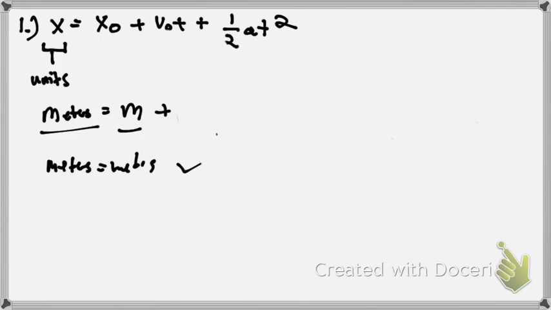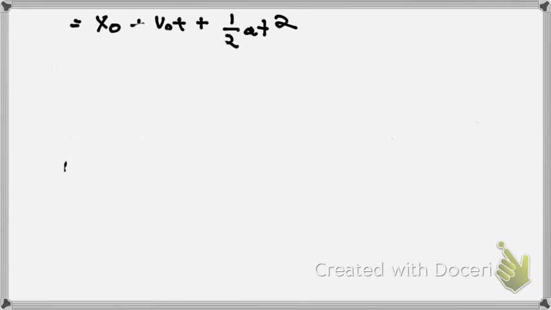So now let's go ahead and look at the second equation, all right? This second equation is V final is equal to V initial plus AT, right?